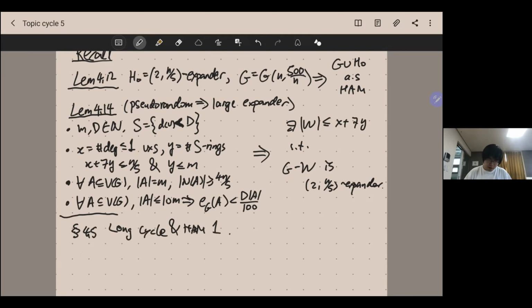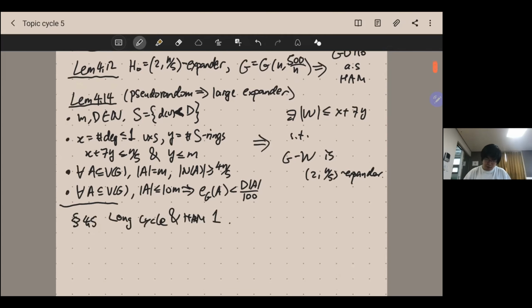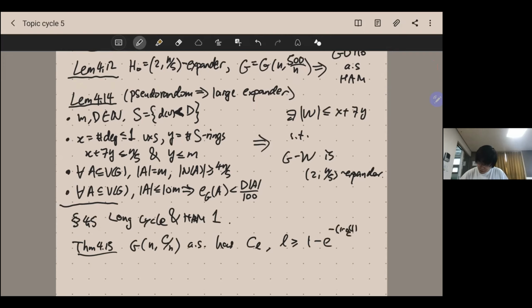We will use these two lemmas, 4.12 and 4.14, to prove that first, how long a cycle we can find: G(n, c/n), with a linear number of edges, almost surely has a cycle C_L, where L is at least of length (1 minus e to the minus some error term based on c) times n.